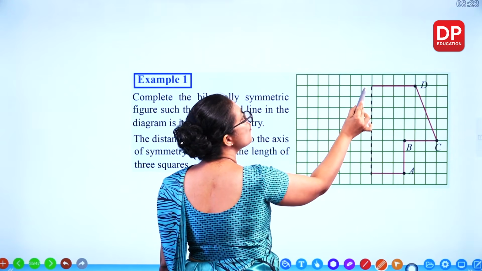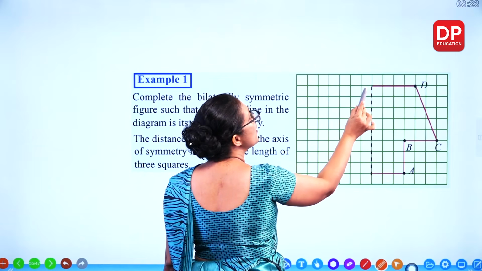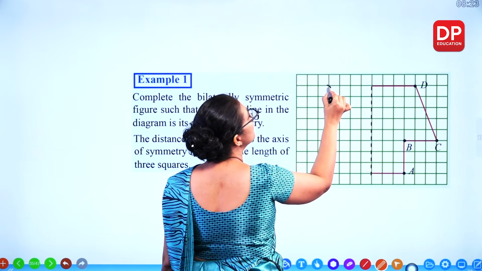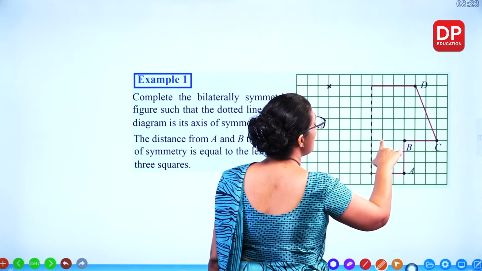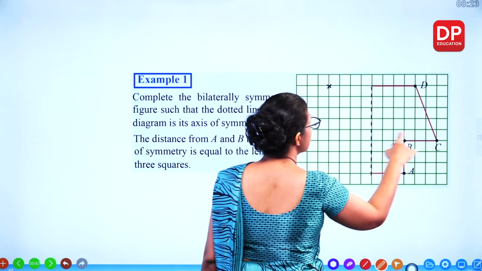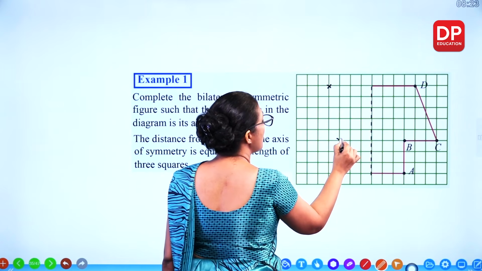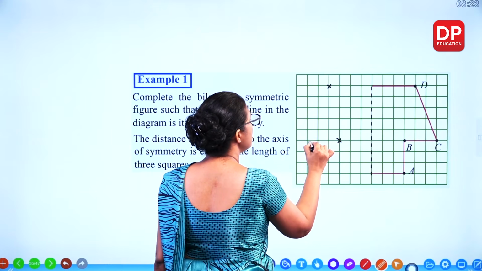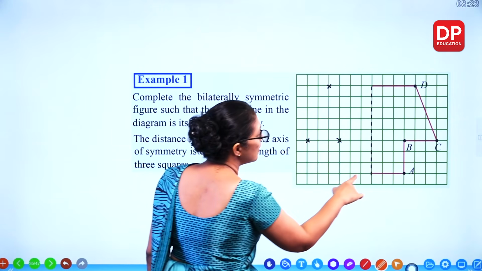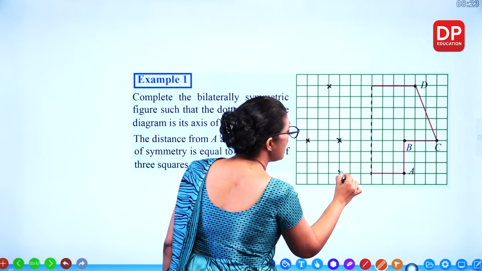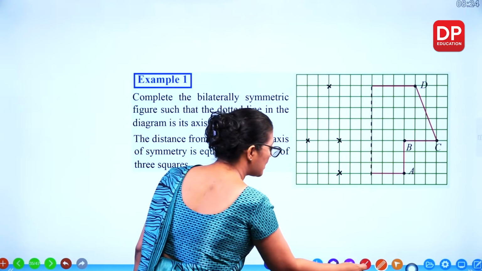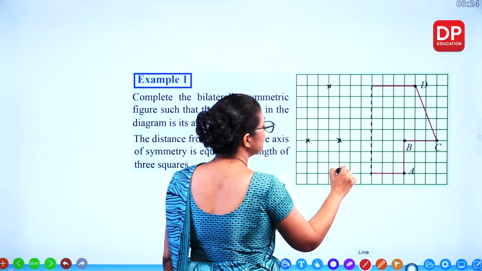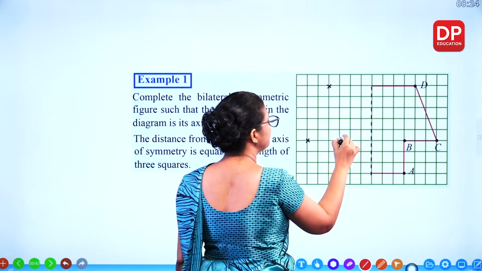So you have to count 4 squares this way. 1, 2, 3, 4. Then to this side 1, 2, 3, 4, 5, 6. 1, 2, 3, 1 point and 3 squares here, another point. This one 3 squares and A point is there. Now we'll connect. You get a line here.